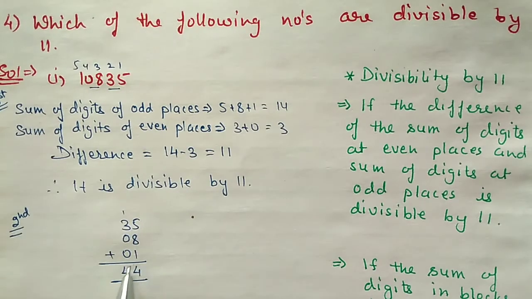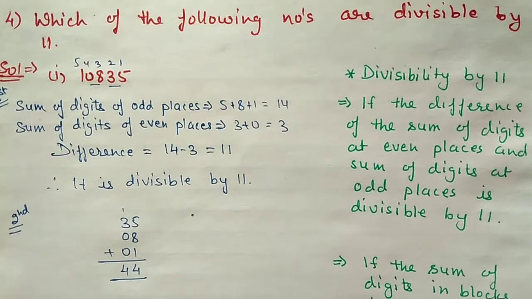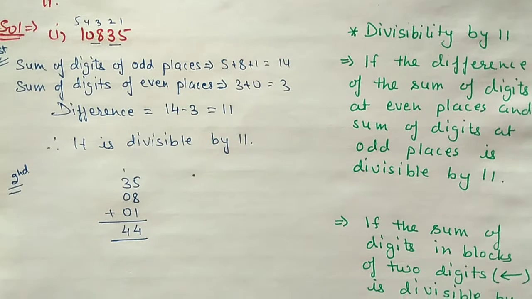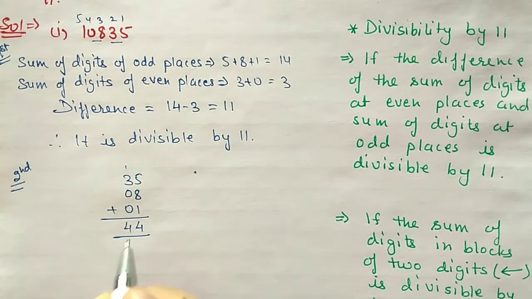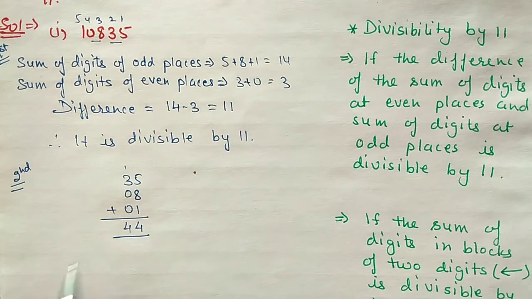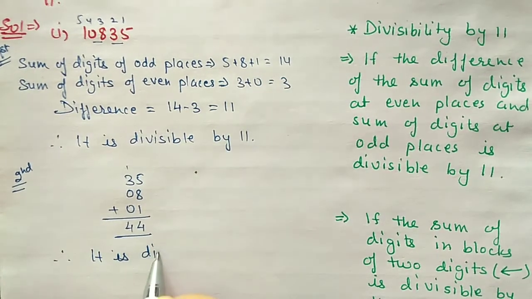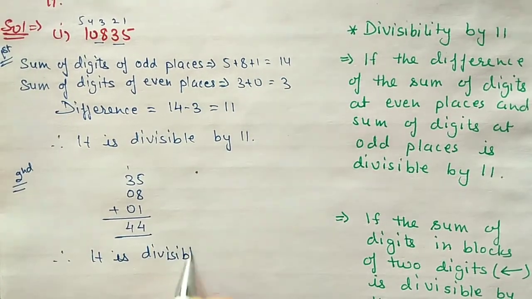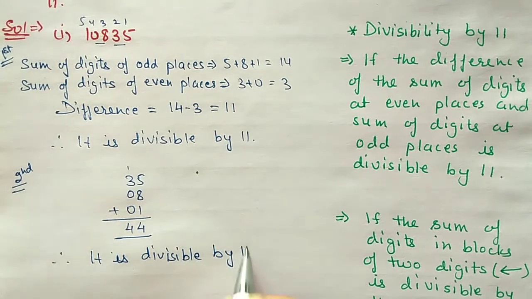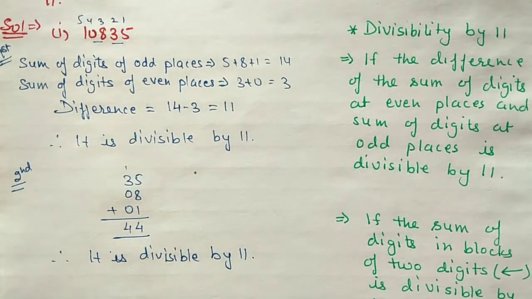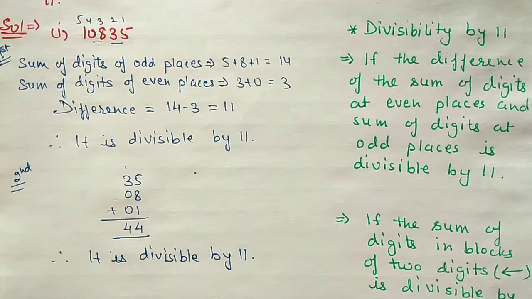If this sum is a multiple of 11, it is divisible by 11. Because we are getting this sum as 44, therefore it is divisible by 11. Any one method you can follow in the exam.